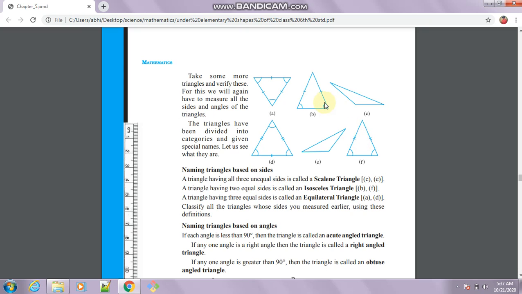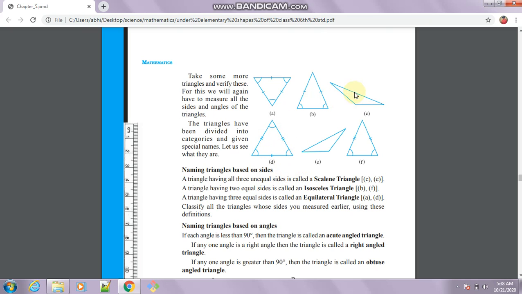Okay, fine. It is isosceles here. Isosceles means only two sides are equal. Equilateral, the name itself specifies that all the sides are equal. All the sides equal means it is an equilateral triangle.